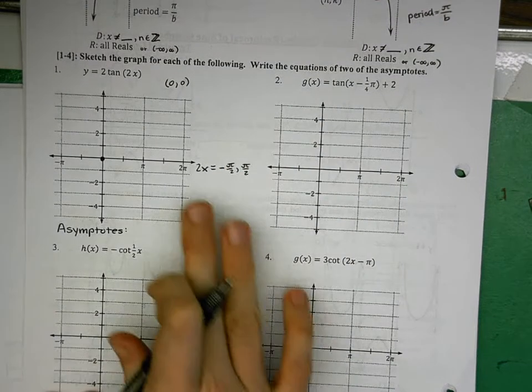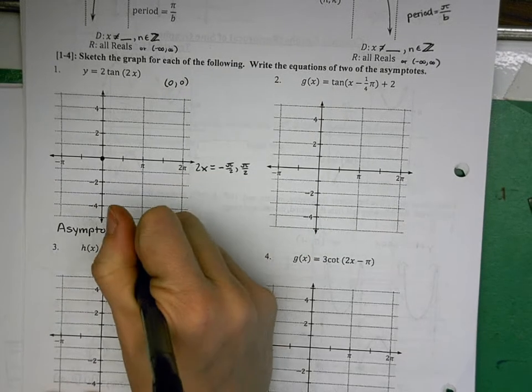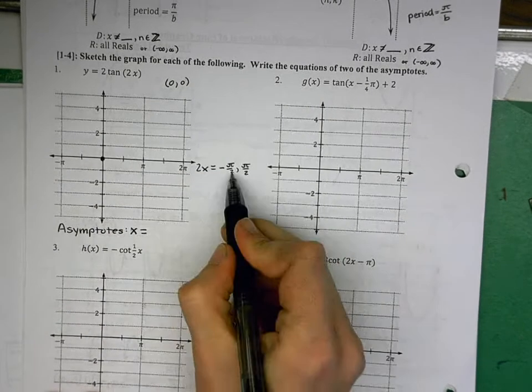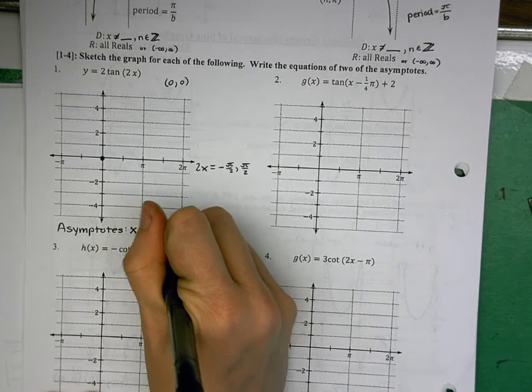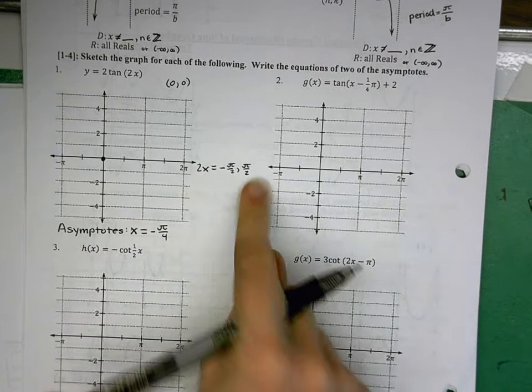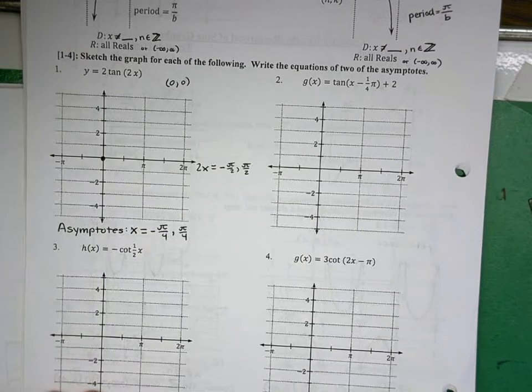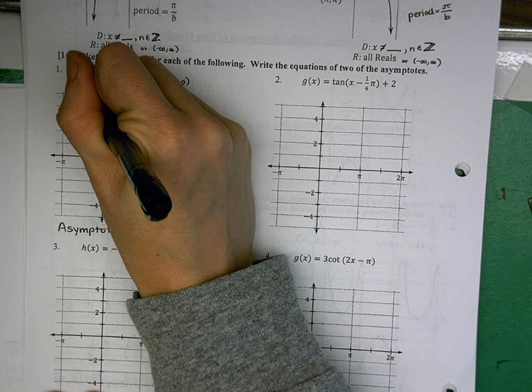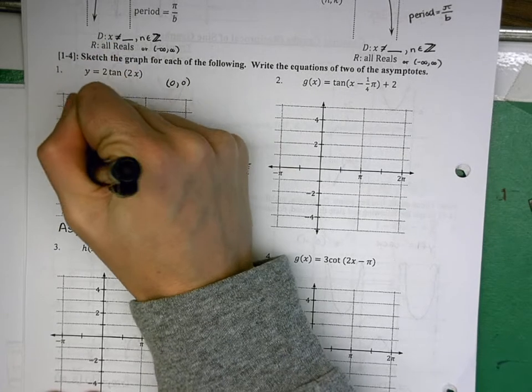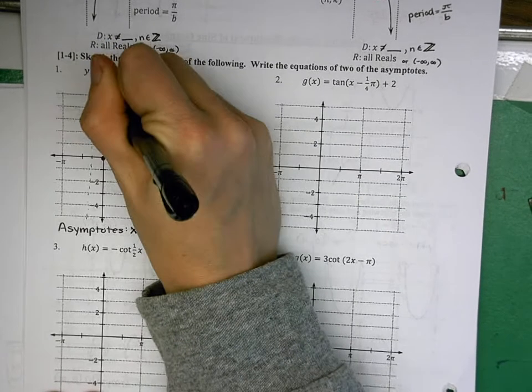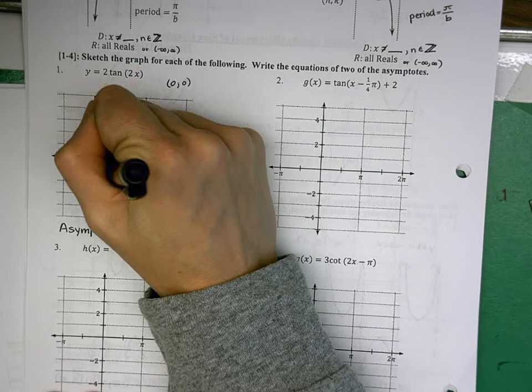And so then my asymptotes, when I divide this 2 over, will occur when x equals, dividing 2 here, negative pi over 4, and dividing 2 here, pi over 4. Okay? And so we've got one asymptote back here at negative pi over 4, and one asymptote here at pi over 4.